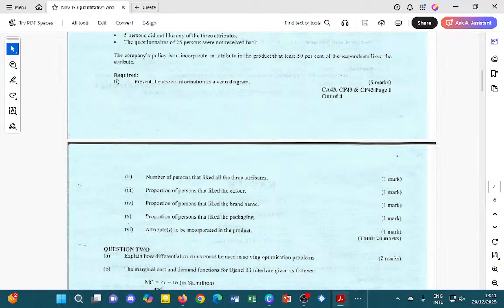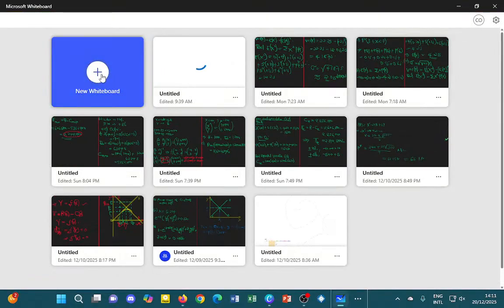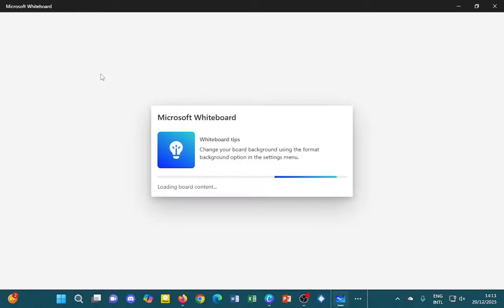So straight away, I need to grab my whiteboard as such. So a new one will do.